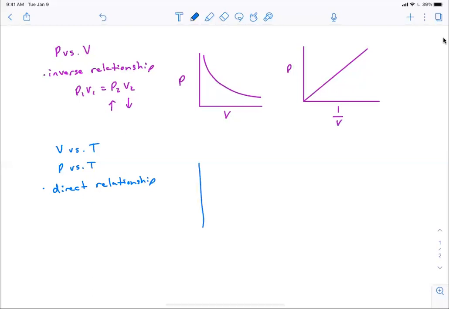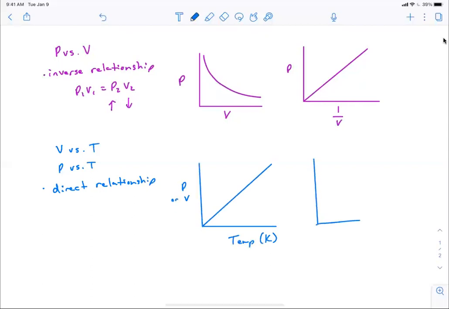And so with that, you just have to be careful because the important part, whether it's P or V versus temperature, is that this graph is only generated like this when it's in Kelvin. Because at 0 Kelvin, there is 0 pressure and 0 volume.